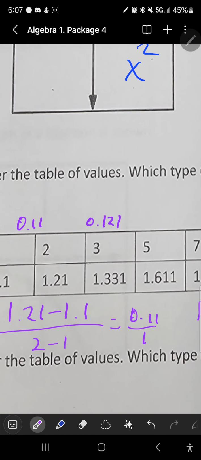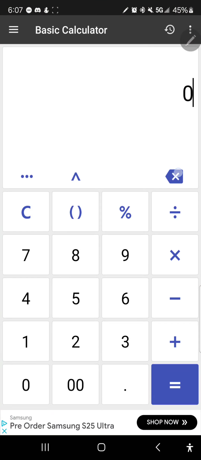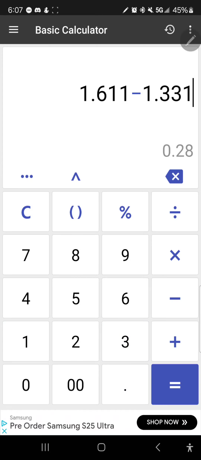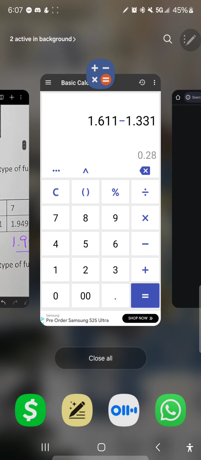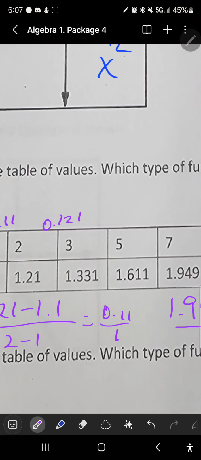Now let's see the slope of the second one. So it's 1.611 minus 1.331. And then 5 minus 3 is 2, so we divide by 2 and we get 0.14.